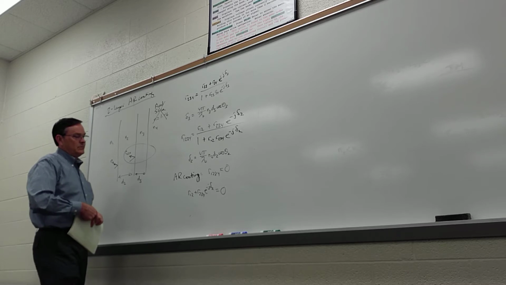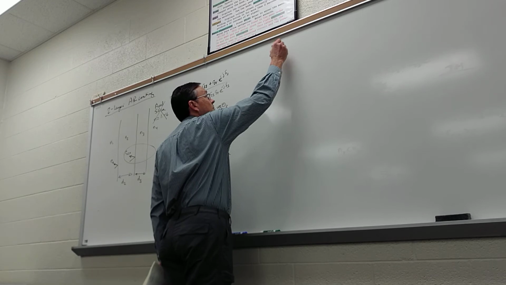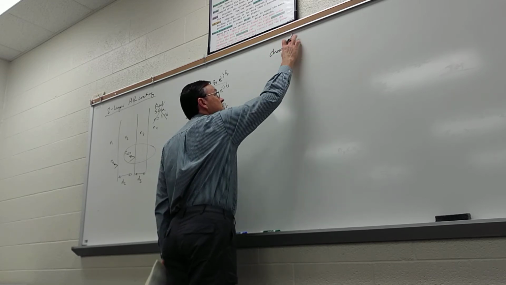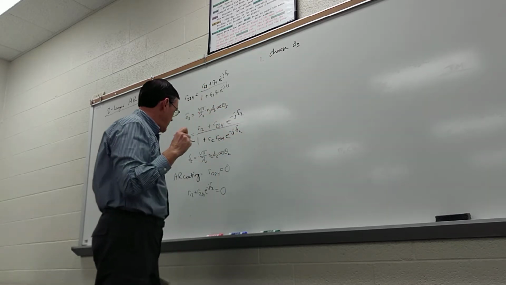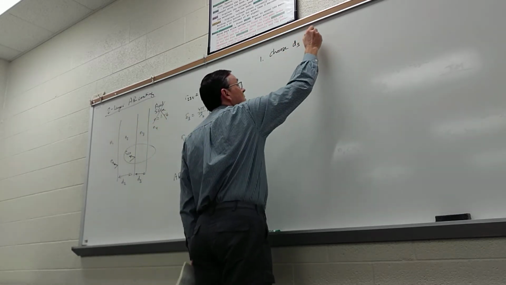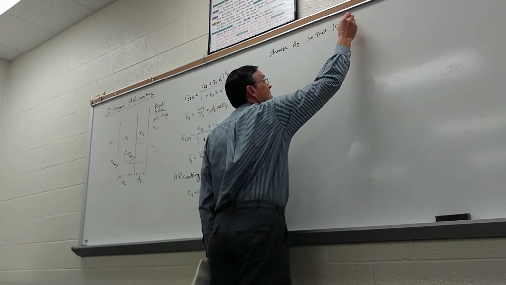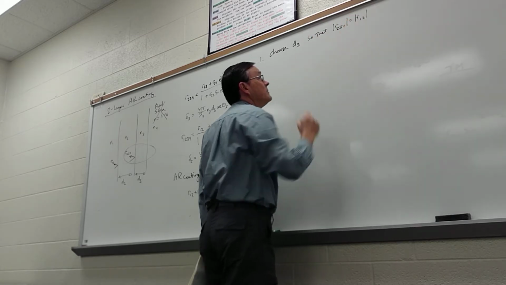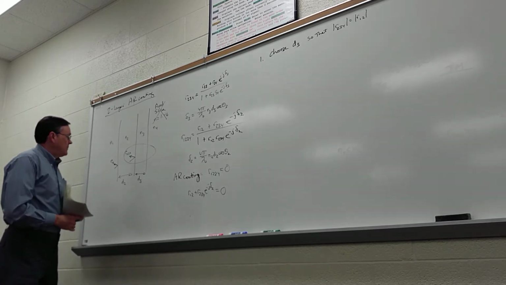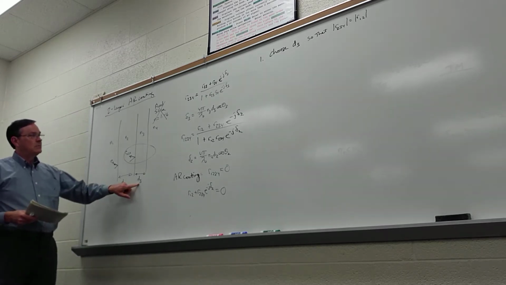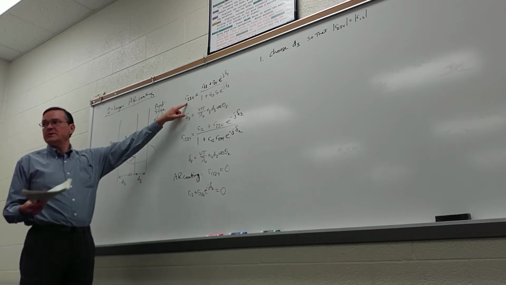What we want to do is choose D3 such that the magnitude of R234 is equal to the magnitude of R12. So basically, by changing D3, we can continuously change the magnitude of R234 between two limits.